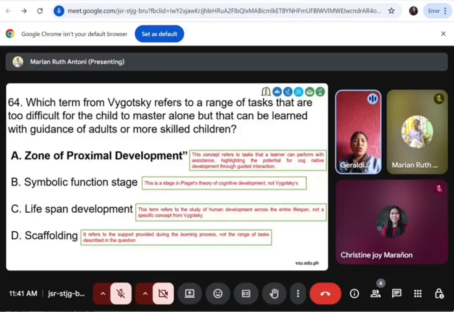And it is not letter C, lifespan development, because this term refers to the study of human development across the entire lifespan, not a specific concept of Vygotsky. And letter D is not the correct answer also, because scaffolding refers to the support provided during the learning process, not the range of tasks described in the question. Next.